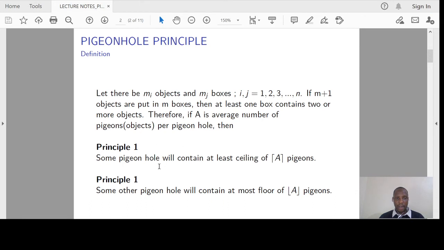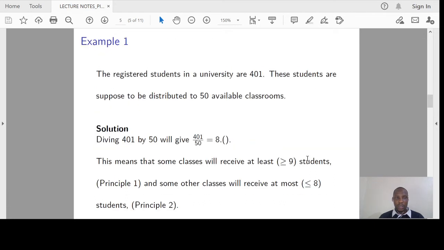This one here, that some pigeonhole will contain at least ceiling of A pigeons. Example, the registered students in a university are 401. These students are supposed to be distributed to 50 available classrooms.